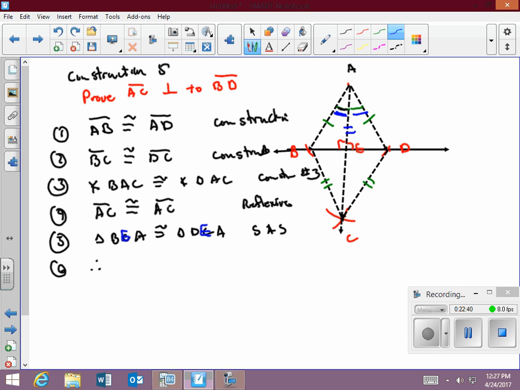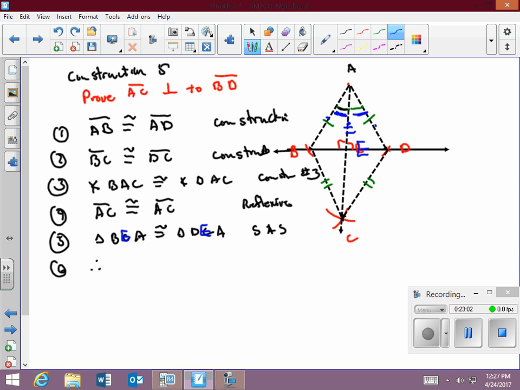And I got this side is congruent to itself. I got this side congruent to this side, and this angle are congruent. Therefore, I can say that BEA is congruent to DEA. I didn't have this written very well. It's just supposed to be definition of straight.